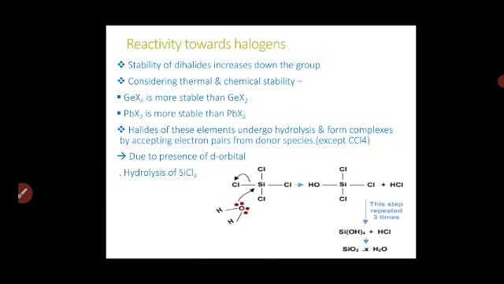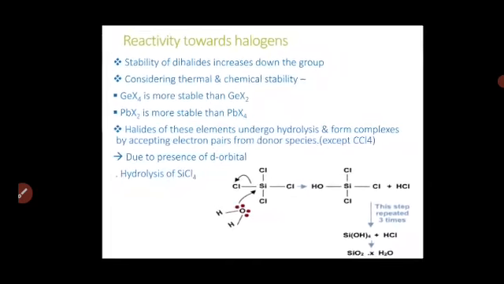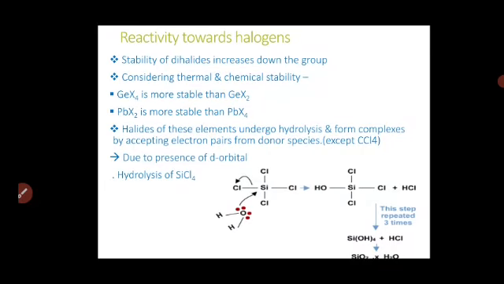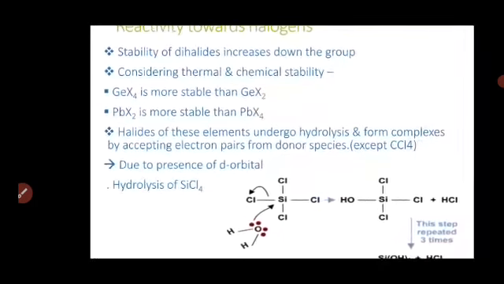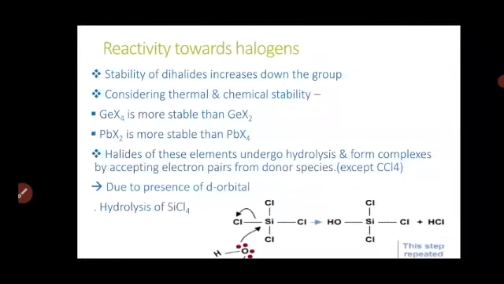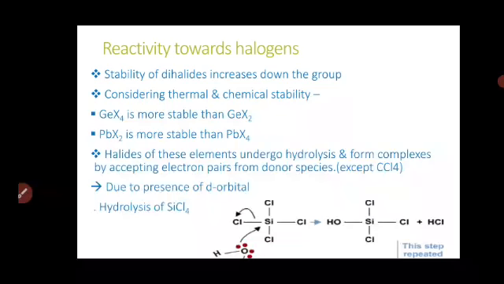Now one more property of these halides, that is they undergo hydrolysis. This property we have already seen in group 13 elements also. So stability of dihalides increases down the group. This we have just seen with EX2, germanium to lead forming dihalides.